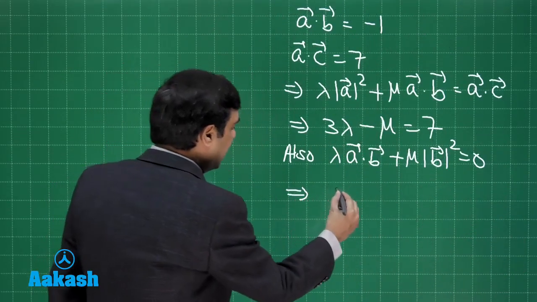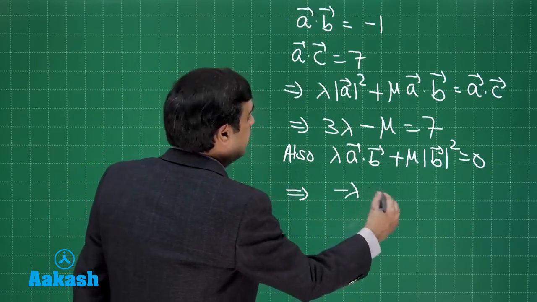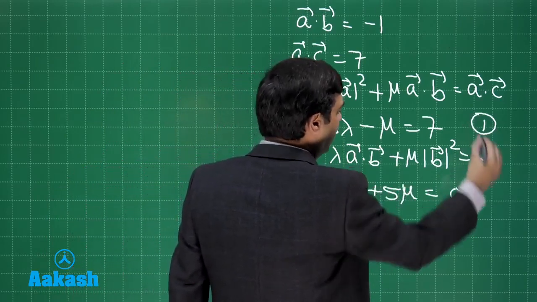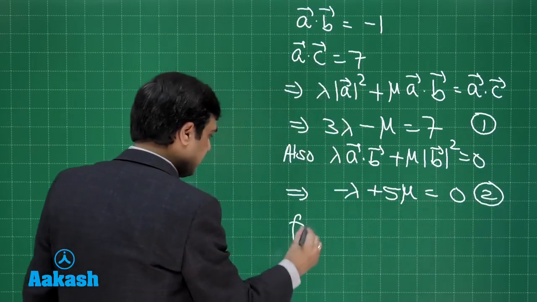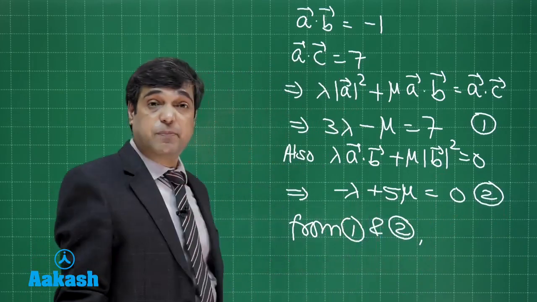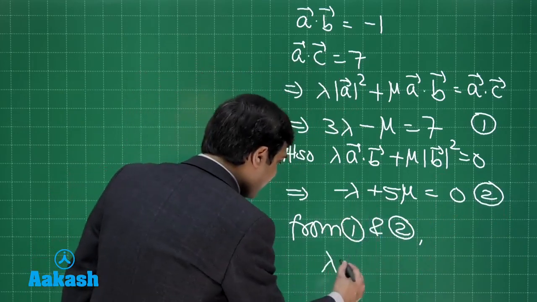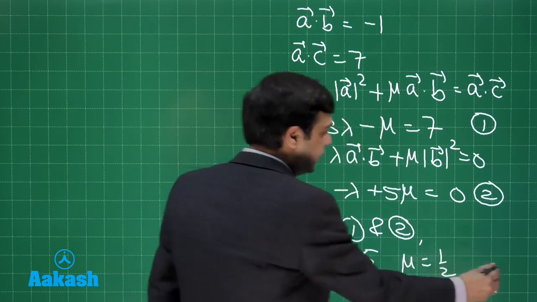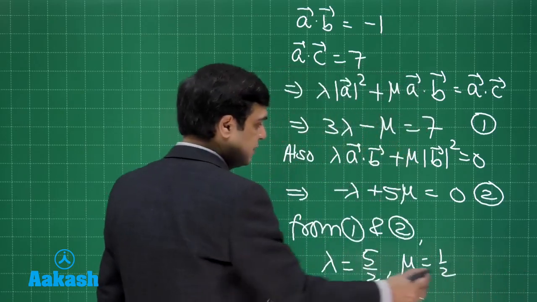A dot b is minus 1, so minus lambda plus 5 mu is equal to 0. This is equation 1, this is equation 2. Just solve 1 and 2 to get lambda and mu, and we obtain lambda as 5 by 2 and mu as half. So, yes, we are in a position to write c vector now.